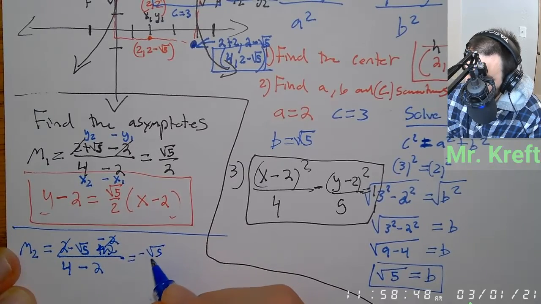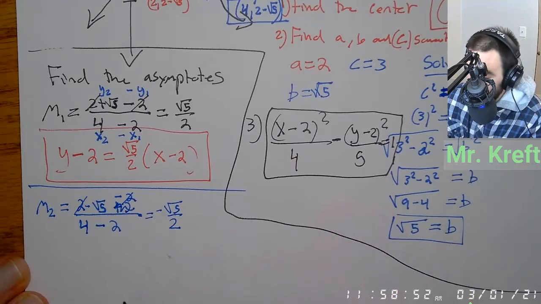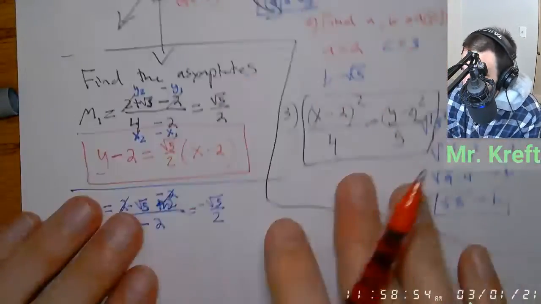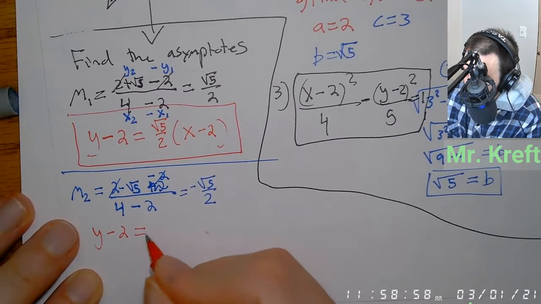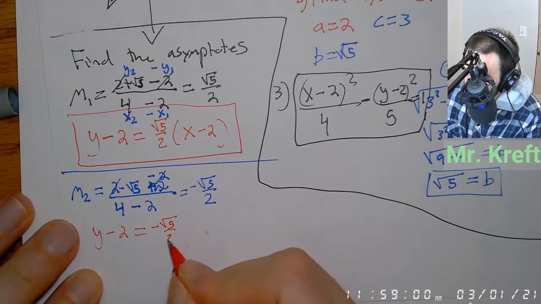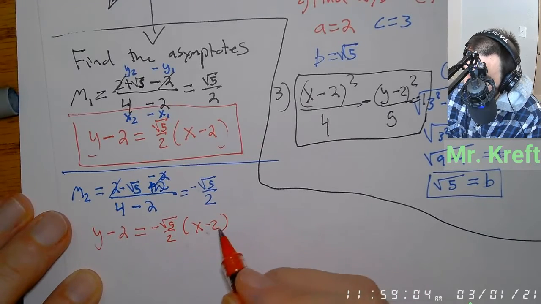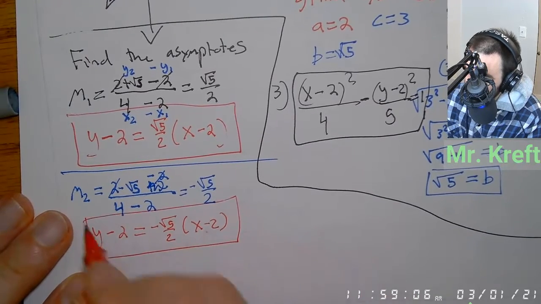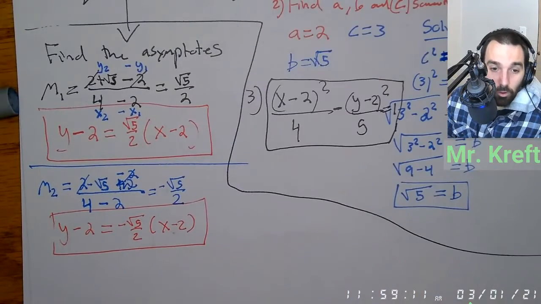So I get negative root 5 over 2 as my slope. That means my equation for this line is y minus 2 equals negative root 5 over 2 times (x minus 2). So that's how you find your asymptotes.